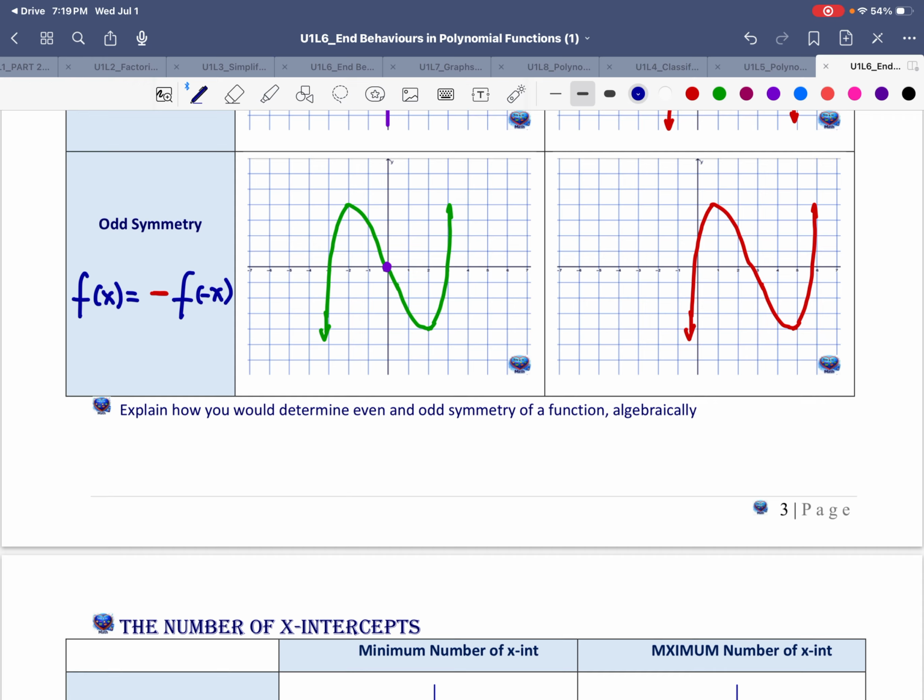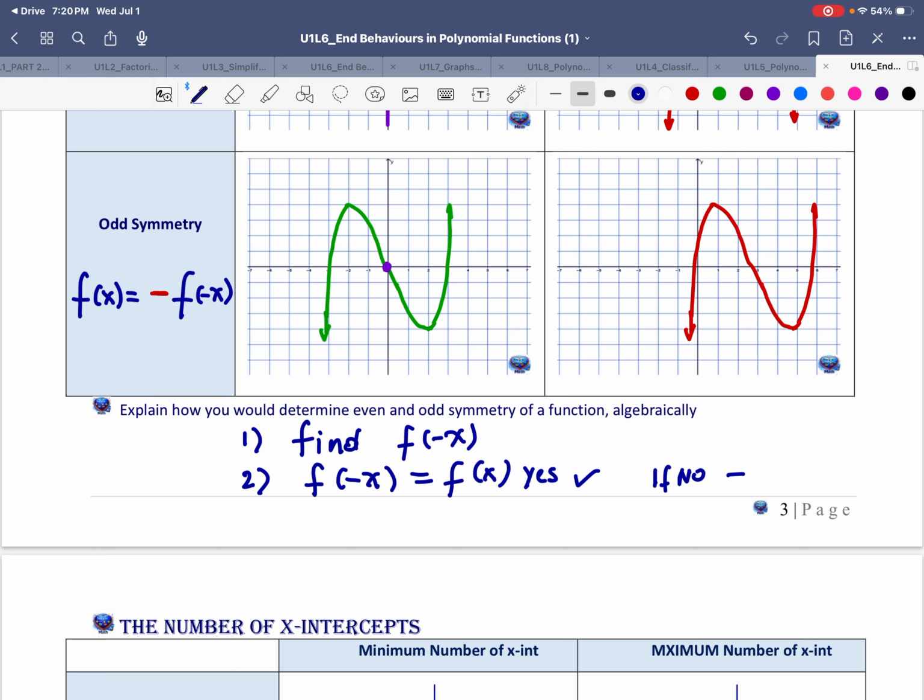So step number 1 would be to find f of negative x, and then check and see, is it equal to f of x? If yes, then you're going to say, fine, it is. But if no, then you have to check negative f of negative x, and then compare with f of x.